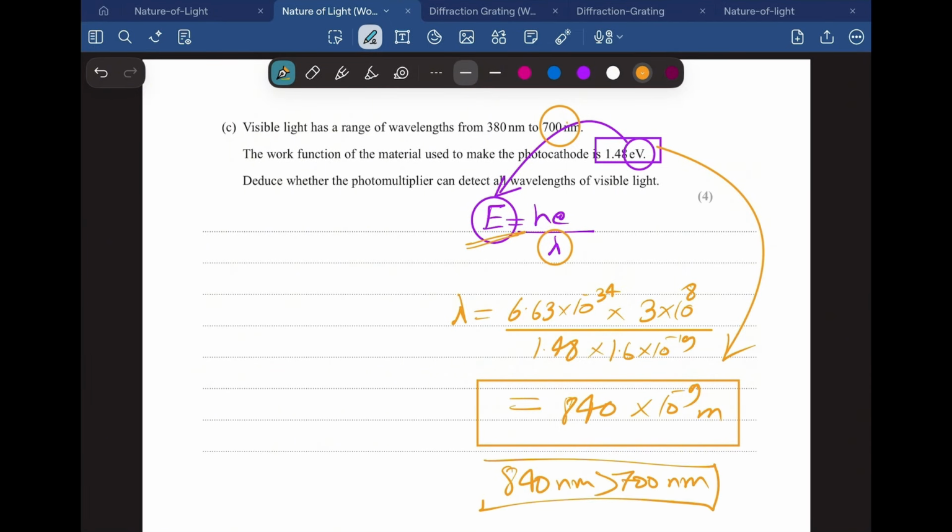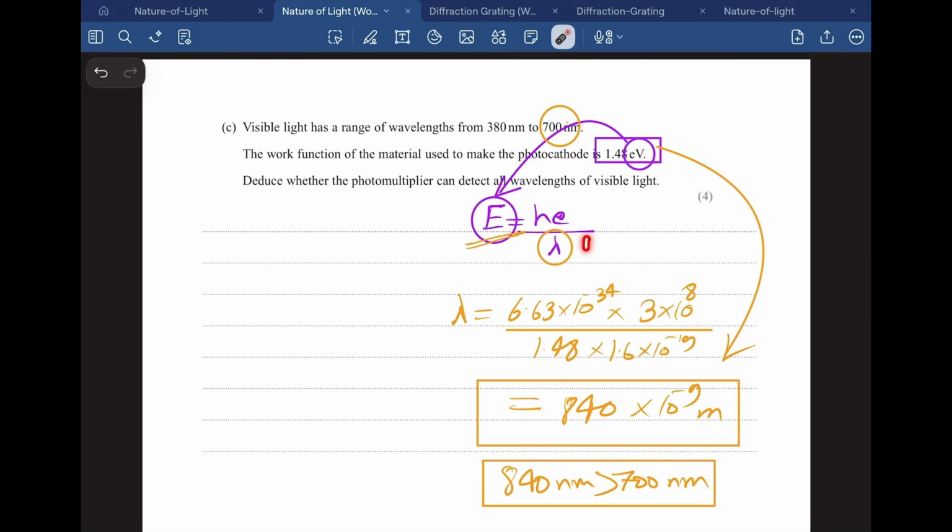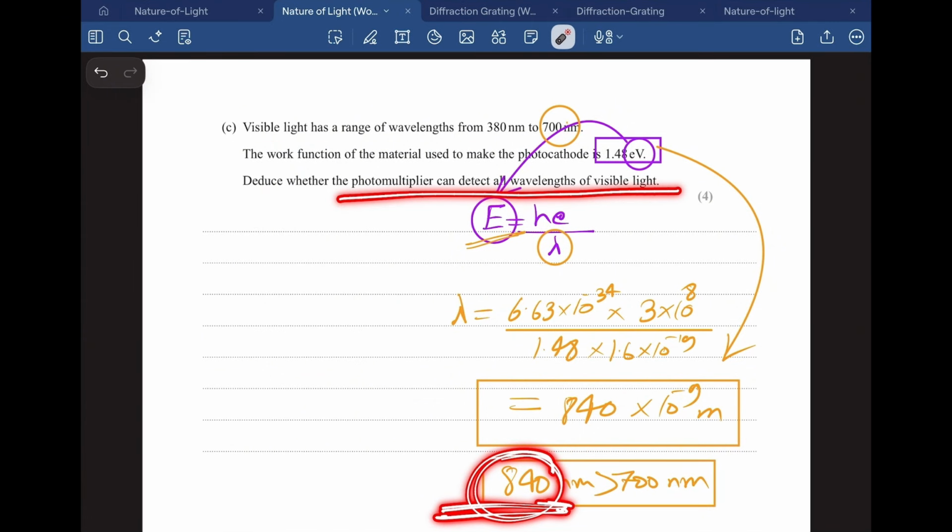Now this will be detected. Why will this be detected? Because the wavelength value up to which the photomultiplier can detect is greater than the wavelength region of the visible light.